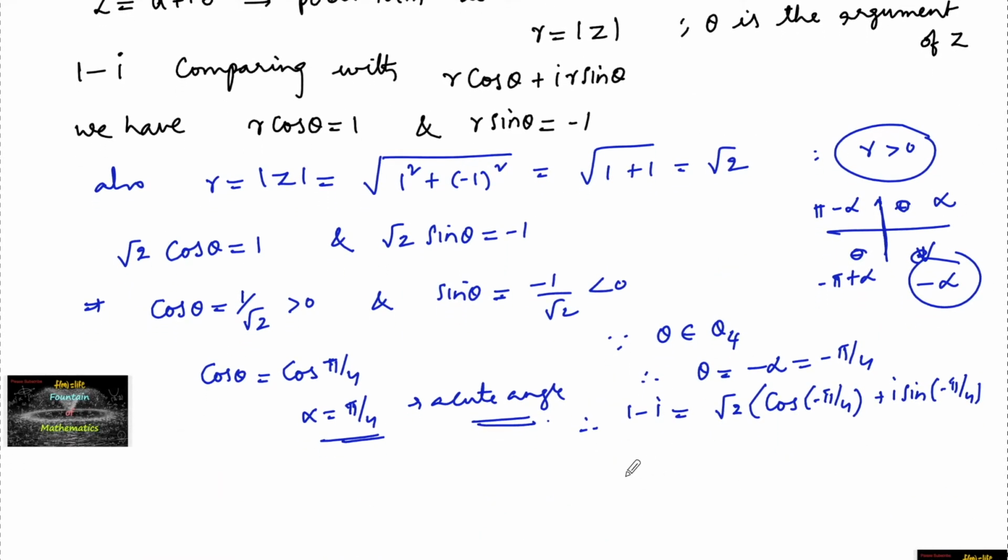Which is equal to root 2 of cos pi by 4, since cos of minus theta is cos theta, plus i sin of minus pi by 4, which is minus i sin pi by 4. So this is the polar form. So root 2 of cos pi by 4 minus i sin pi by 4 is the answer.